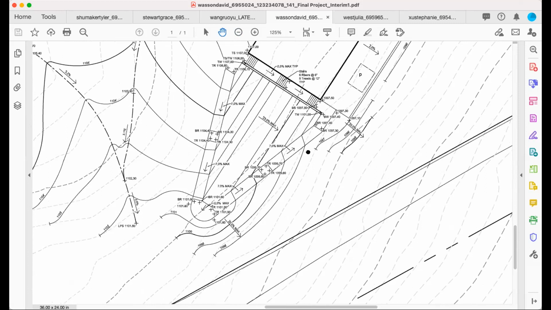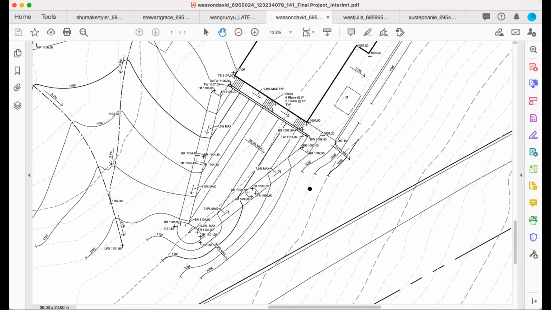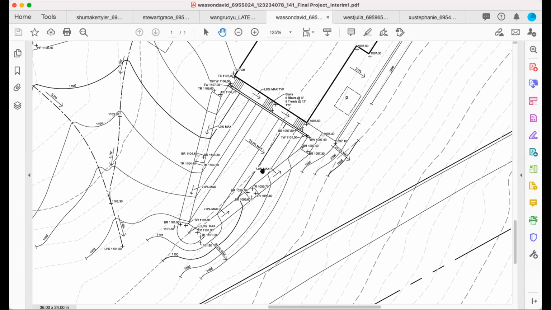And the drainage of the ramp, I don't see an issue there. I think it's pretty straightforward. Not sure what the 7% max means.